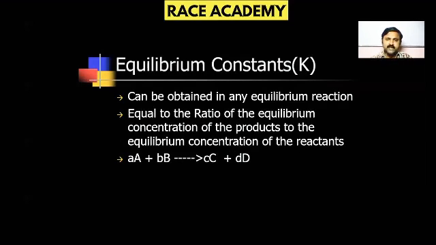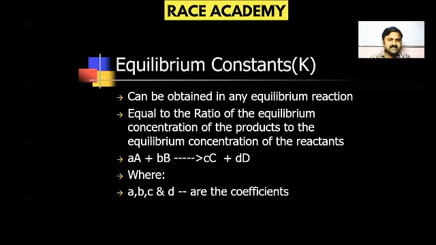That means if you take aA plus bB gives cC plus dD as a general equation, in this, A, B are the reactants and C, D are the products, and their corresponding coefficients are a, b, c, d respectively. In such a case, the equilibrium constant can be obtained from the concentrations of products over the concentrations of reactants, where a, b, c, d are the coefficients.